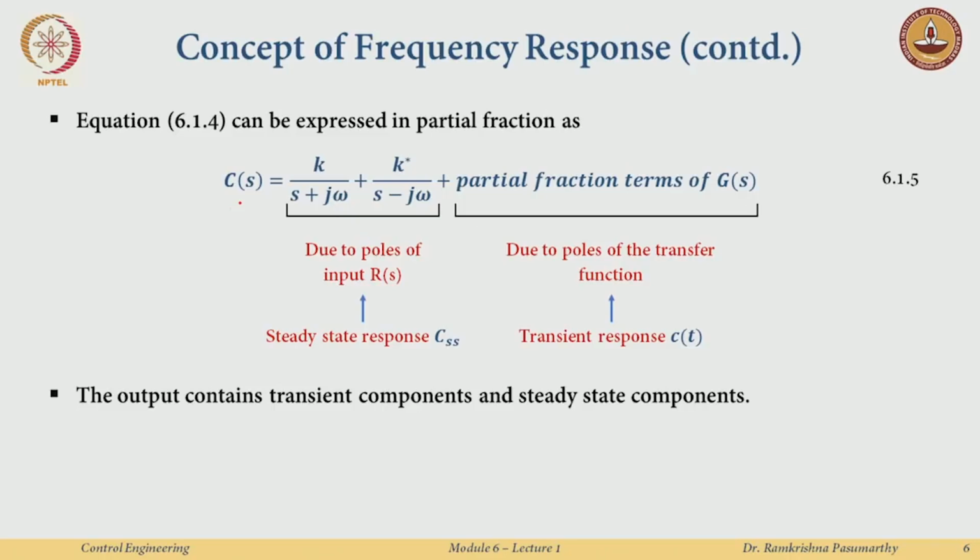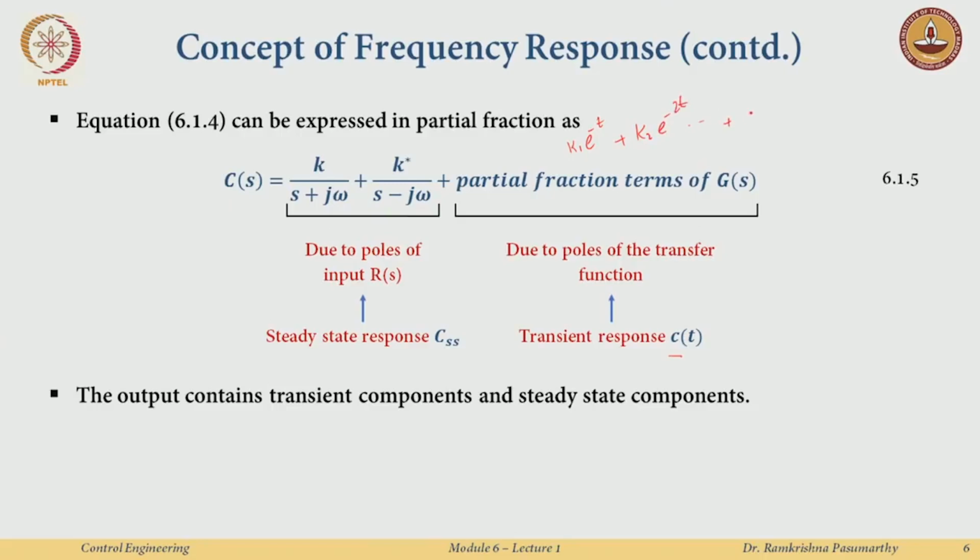Okay. So, why do I call this a transient response? Essentially because these terms will have terms like k1 e power minus t, and depending on where the locations of the poles are, it could be k2 e power minus 2t and so on.